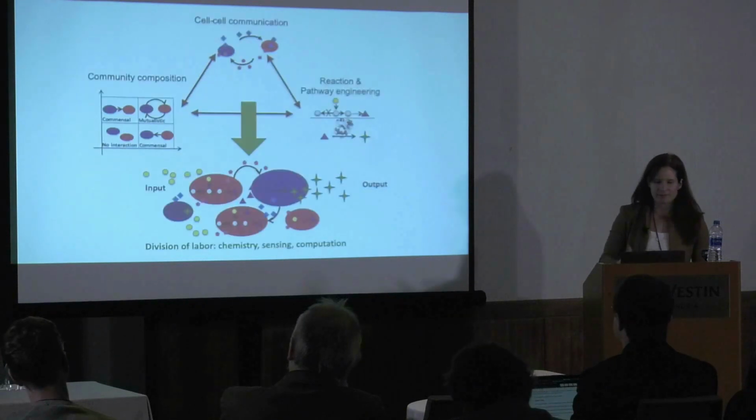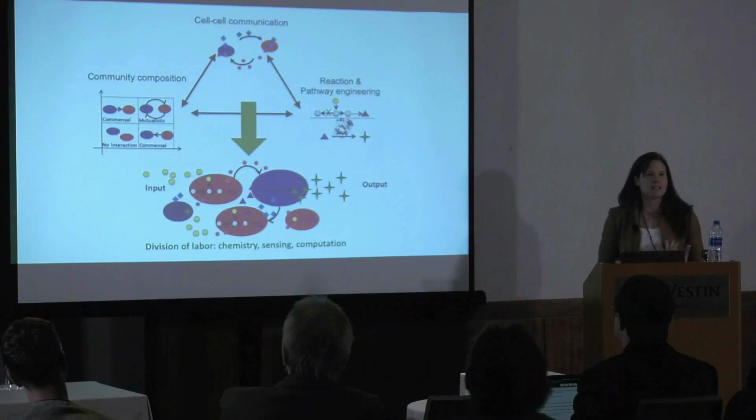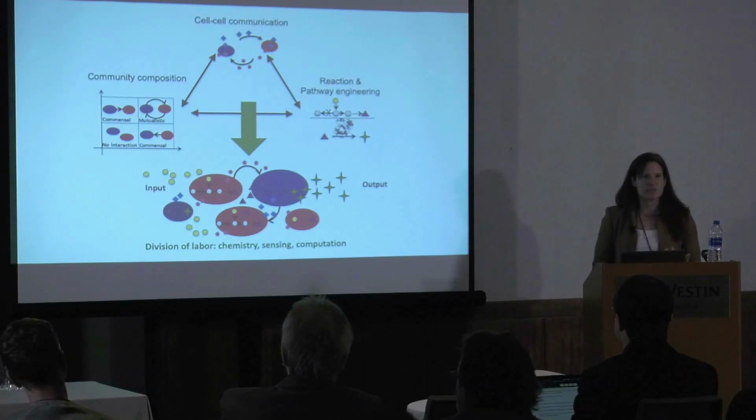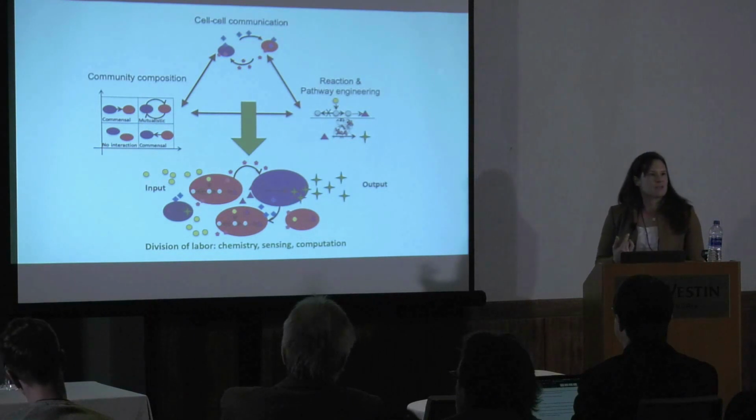And so with my synthetic bio hat on, right, I try to think about what do I need to understand and what are the different components that I need to think about in order to make a community that functions the way I want, makes something useful, or carries out some sort of complex task. And so to do that, I need a few different things. How do I manipulate community composition?